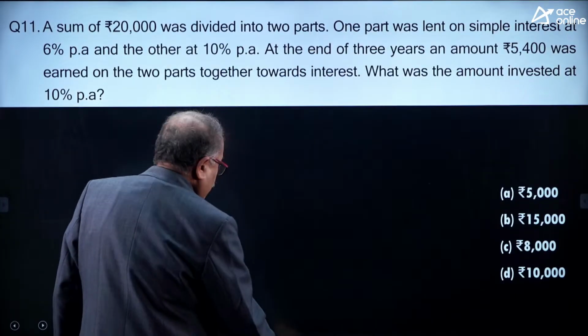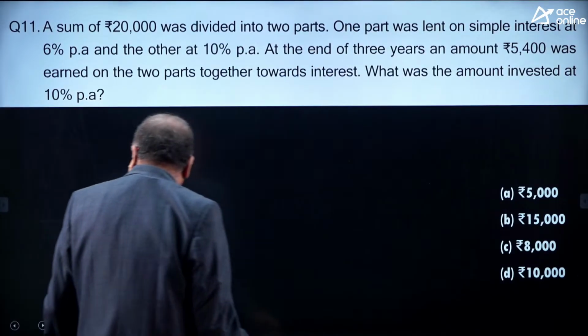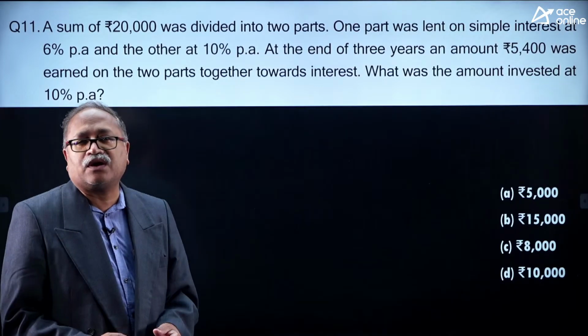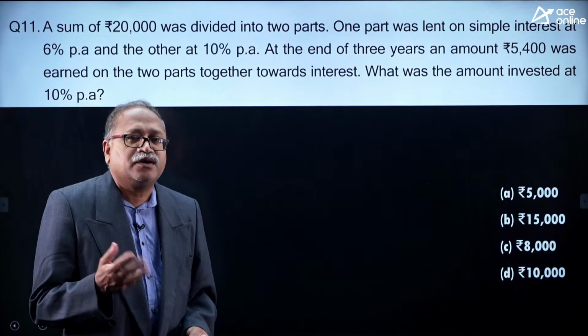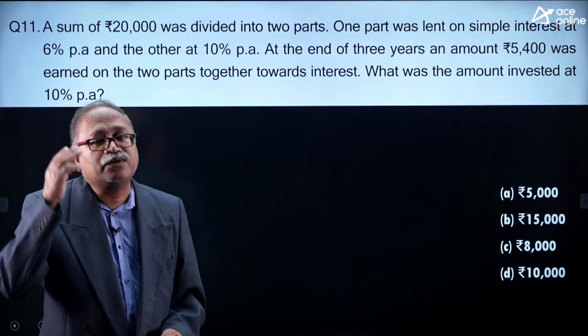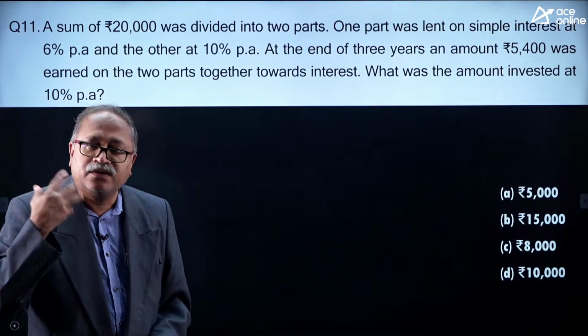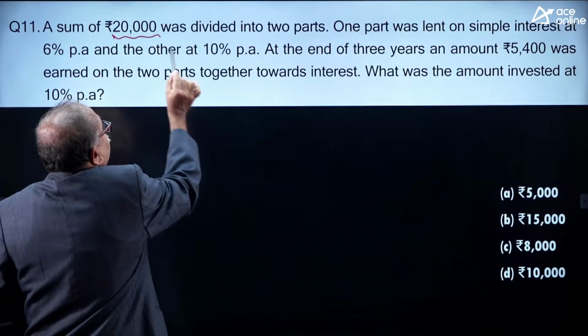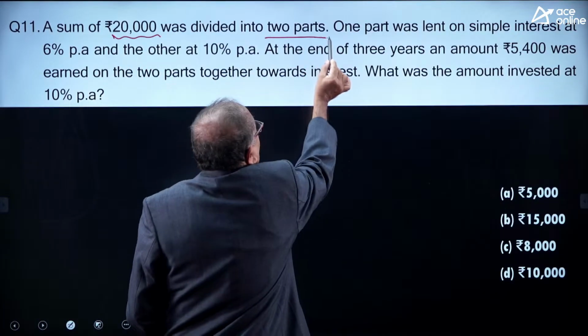It's question number 11. As you are attending just for 45 minutes or half an hour, your calculation keeps increasing, and whatever question you have previously done, it's a revision for that. Now, a sum of rupees 20,000 was divided into two parts.